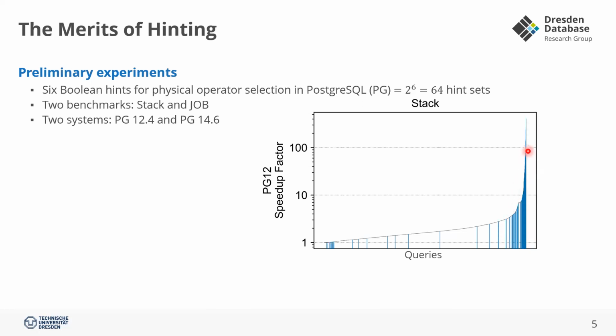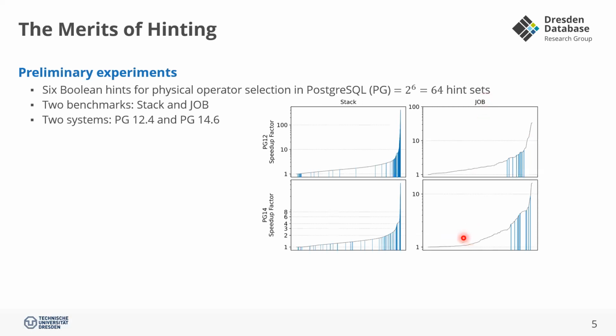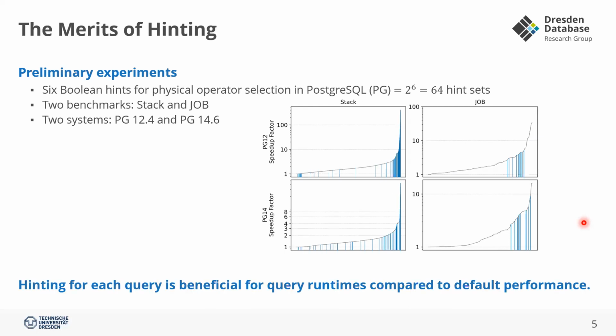So the long-running queries get the most speed up. So we also did this for the JOB and for PG14. So you get this matrix of plots. And you can see in all cases, there is a speed up larger than 1 for nearly all the queries. So hinting is definitely beneficial for query runtimes, especially compared to the Postgres default.